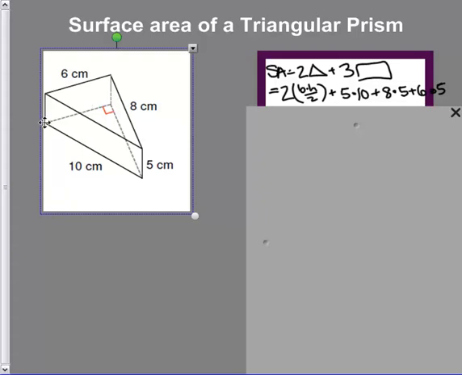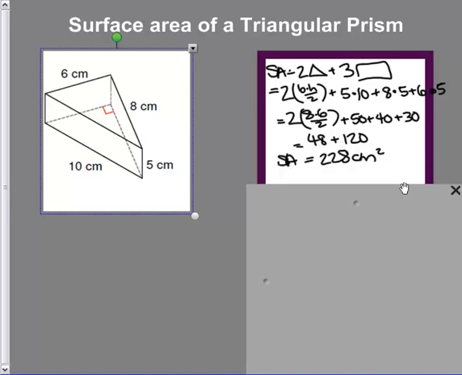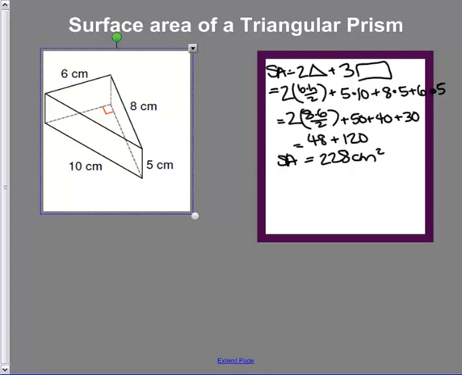And we have three rectangles, a 10 by 5, a 5 by 8, and a 6 by 5. Multiply those. 5 times 10 is 50, 8 times 5 is 40, 6 times 5 is 30, and 8 times 6 is 48, divided by 2, and times 2 is 48. So, plus my 120 gives me 228 centimeters squared.